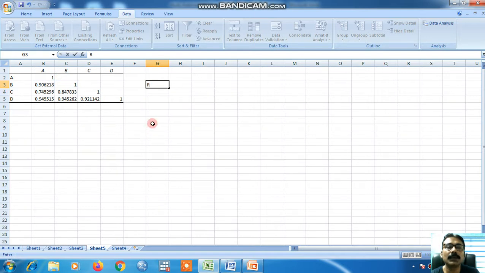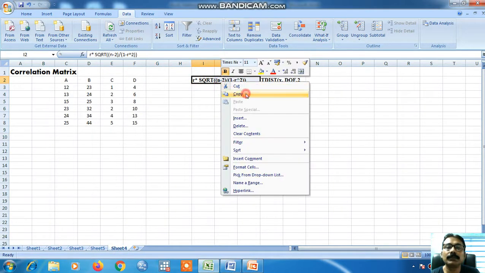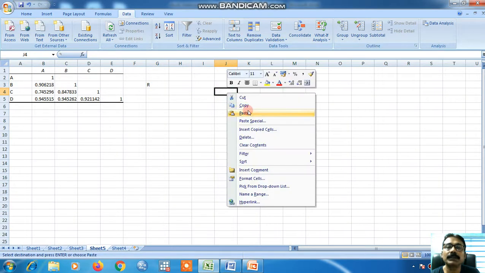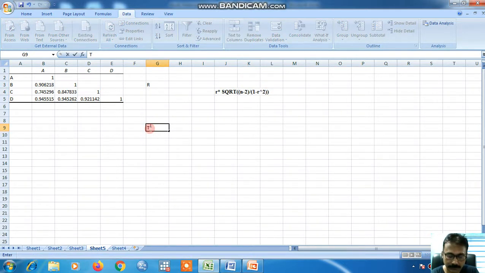Now you have to calculate what is known as the t value. The formula I am putting here is like this. How to calculate the t value?